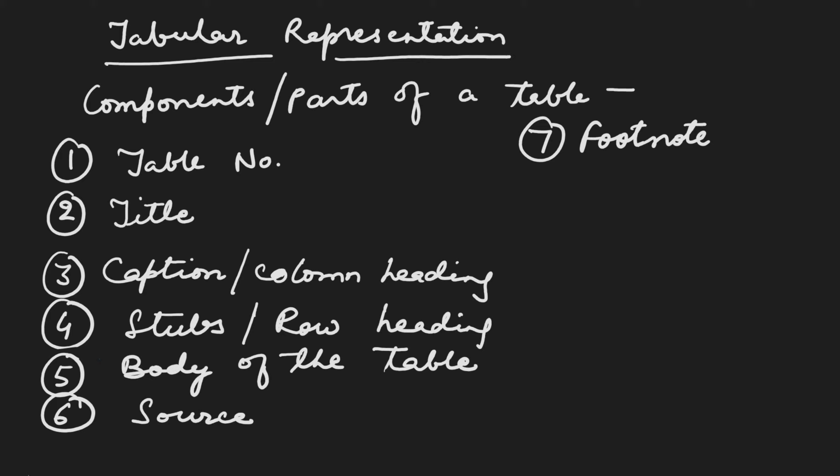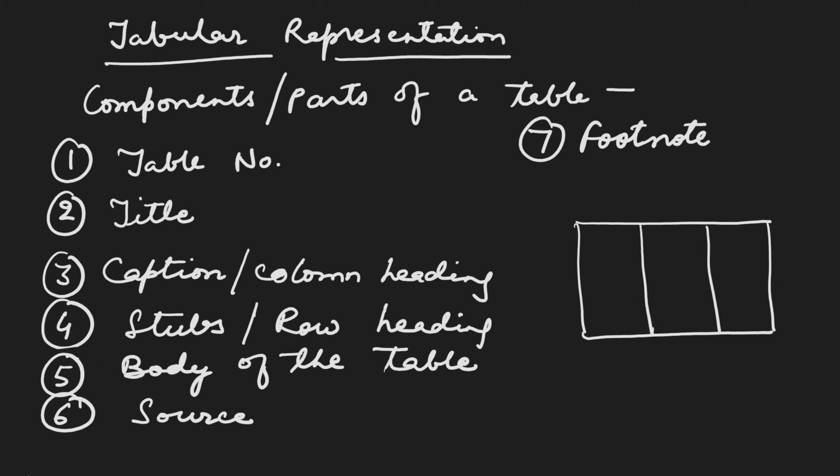We will see all these components in a table, and before that it is good to understand columns and rows. Only then can you understand what a column heading or row heading is. First of all, it is necessary to identify what rows and columns are. For example, in this table there are 3 columns, 1, 2 and 3.